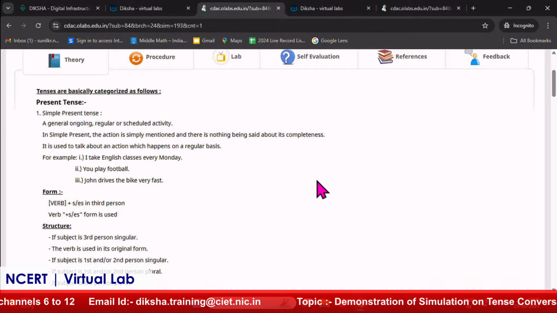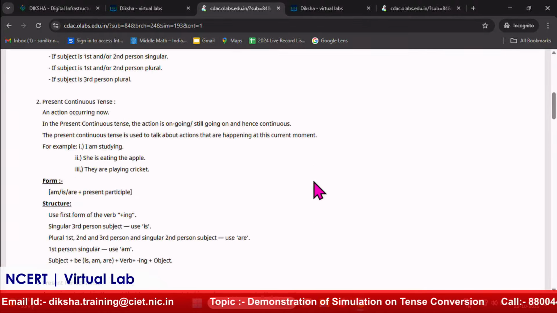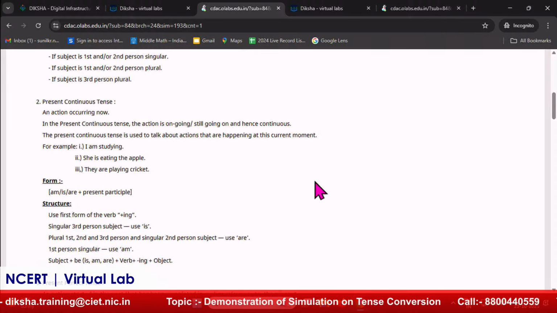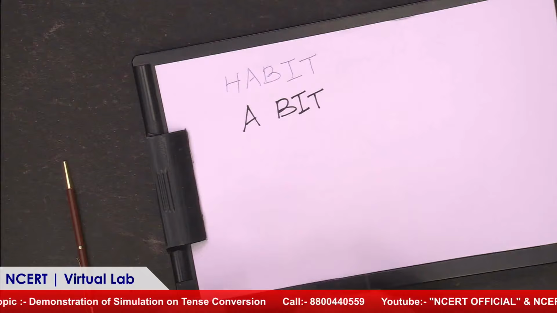Then we have the present continuous tense. Following the cue of habit, now make it a slice of your life: what I am doing right now. I am running, I am studying, John is going, Sheila is knitting, Ram is baking.